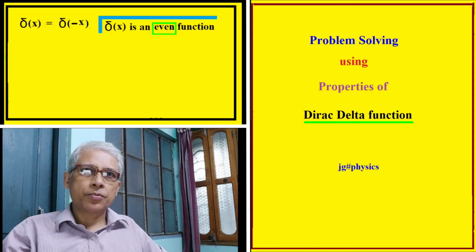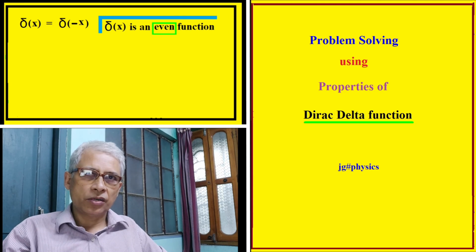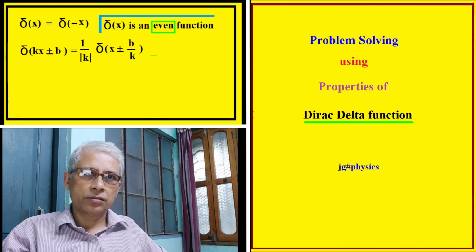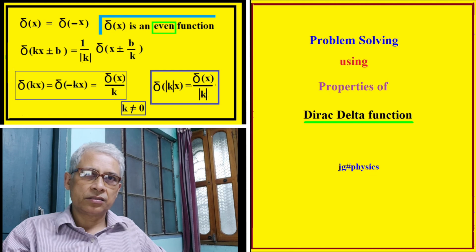We have collected the properties that we derived. Dirac delta of x is Dirac delta of minus x. This signifies that there is no harm if we add or push a negative sign in the argument of the Dirac delta function. This is another property, a generalization of the previous result.